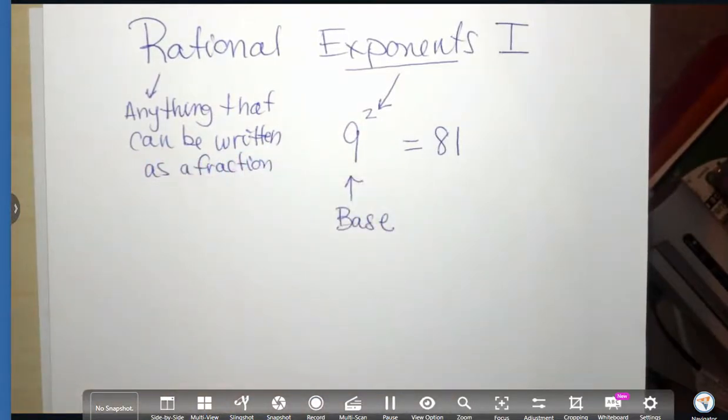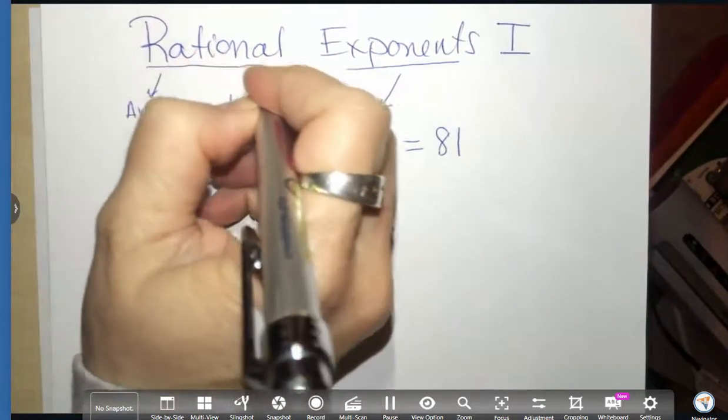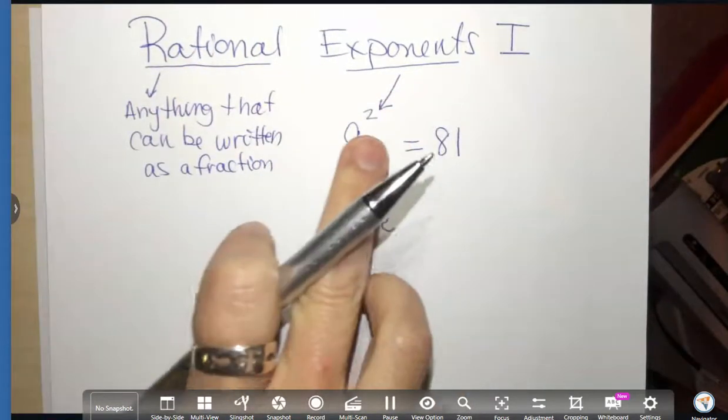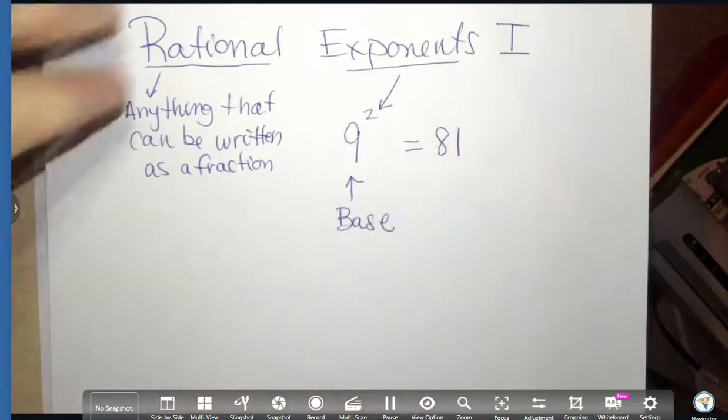An integer like -4, -4 over 1 could be written as a fraction. It's a rational number. 1/2 can be written as it is a fraction. 0.5 can be written as a fraction. 0.3 repeating can be written as a fraction because it's 1/3. So this is basically going to talk about rational exponents, meaning I could have fractional exponents.